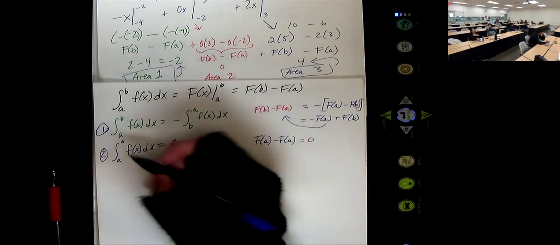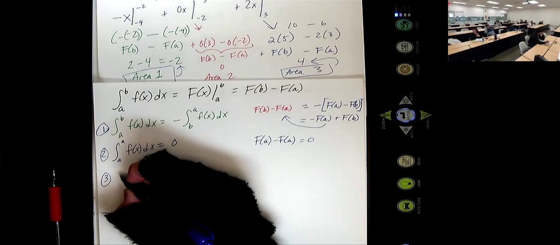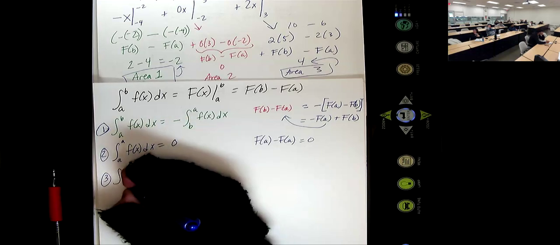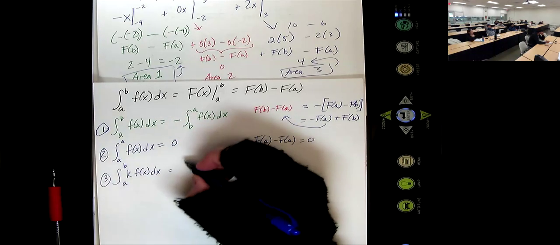The following we've seen before for indefinite integrals. If we have some constant in here, we can just pull out the constant.